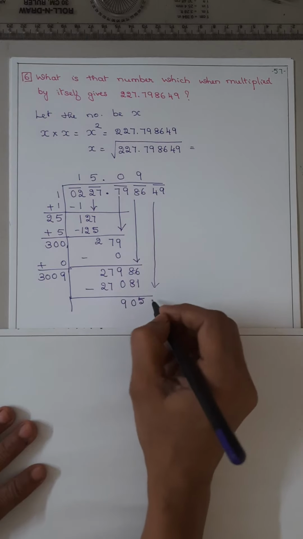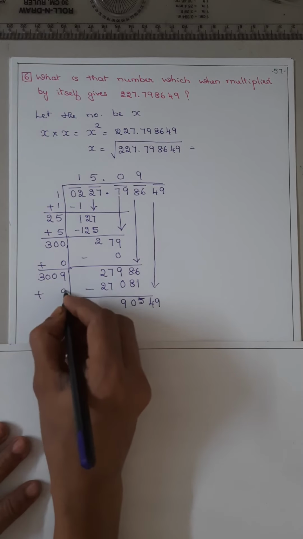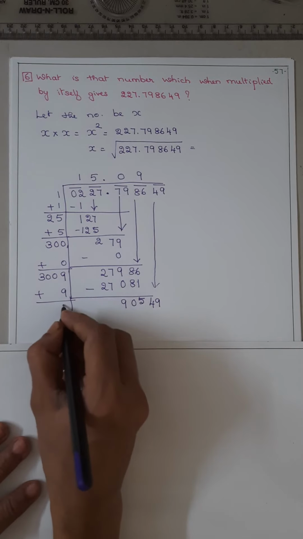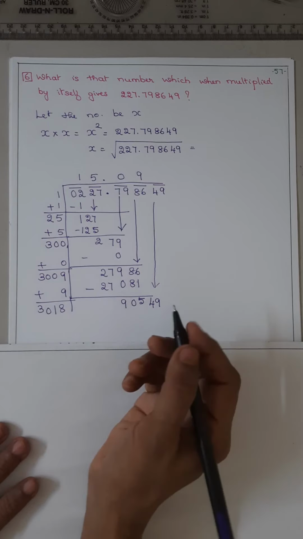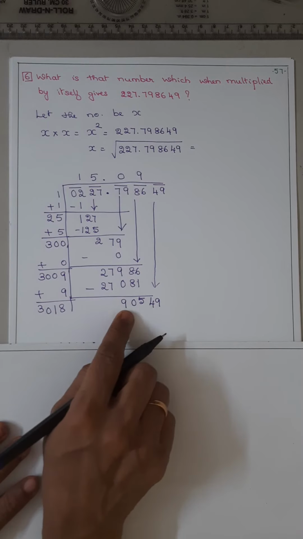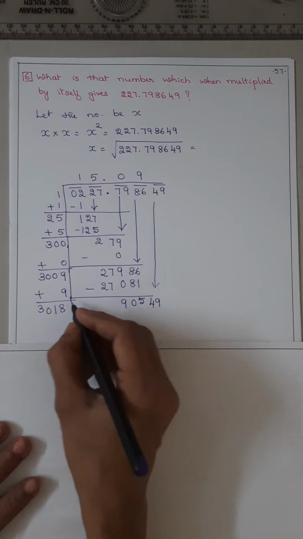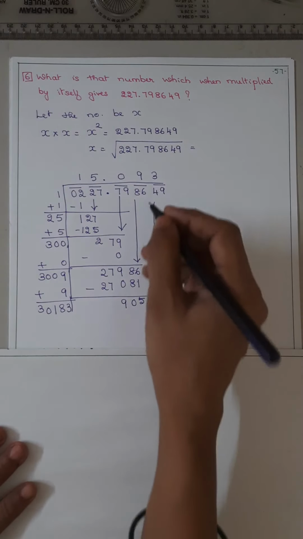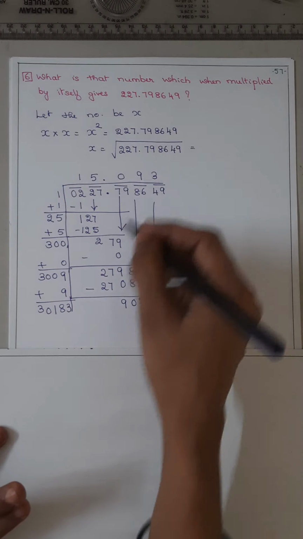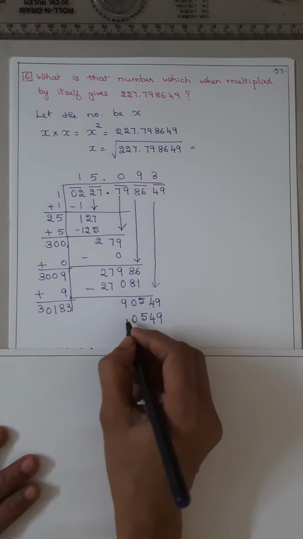Now bring 49 down. Add 9. 9 plus 9, 18. 1 plus 0, 1. 0, 3. Now 3, how much are 9? Because 4 digit, 5 digit. 3 3s are 9. Ending with 9. 3 3s are 9. 3 8s are 24. 3 1s are 3, 4, 5, 3 zeros are 0, 3 3s are 9.